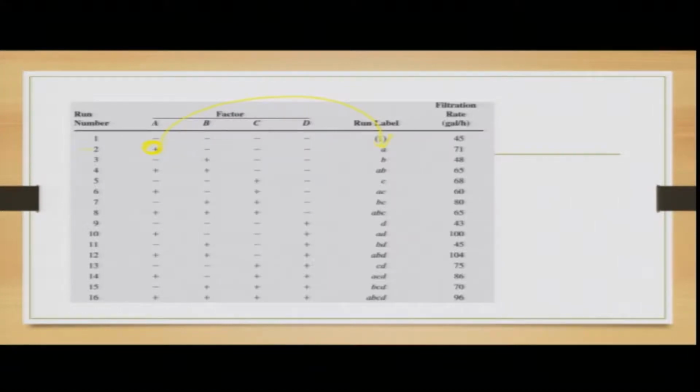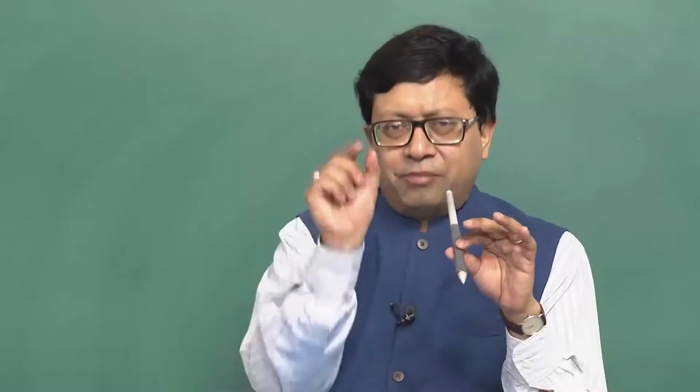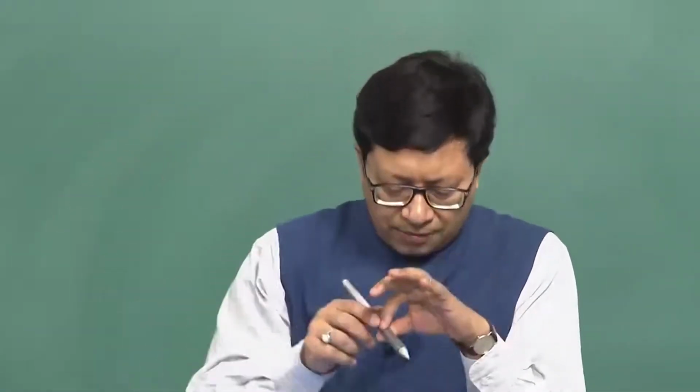When I go to, say for example, 3, I will use the same color to denote that. 3 would have an effect on basically factor B, and factor B would be there coming out in the run level, because the label based on which the run is being run would be signified by the factor effect which is coming into the picture.